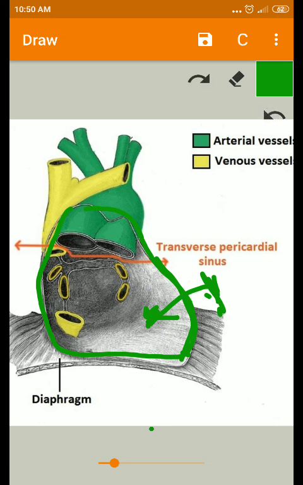These are all the physiological functions of the pericardium.